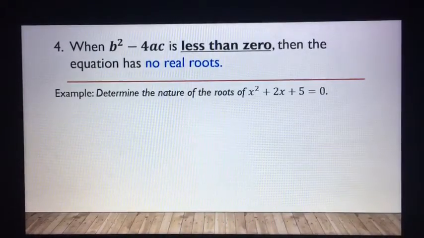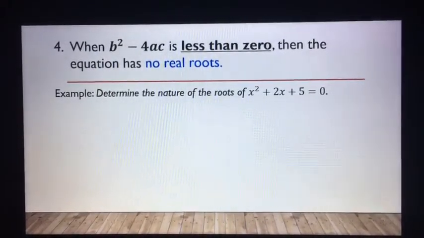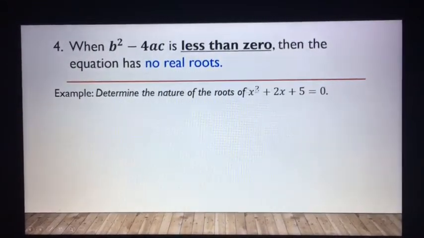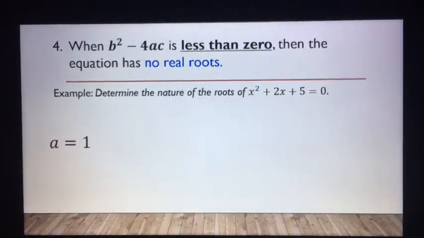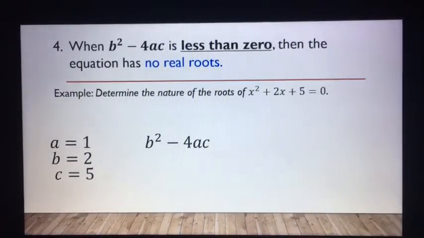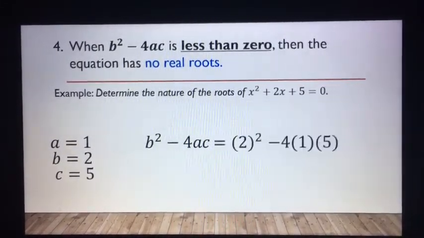So, halimbawa, determine the nature of the roots of x squared plus 2x plus 5 equals 0. So, the value of a is 1, b is 2, and c is 5. Evaluate in the expression b squared minus 4ac. Substitute.